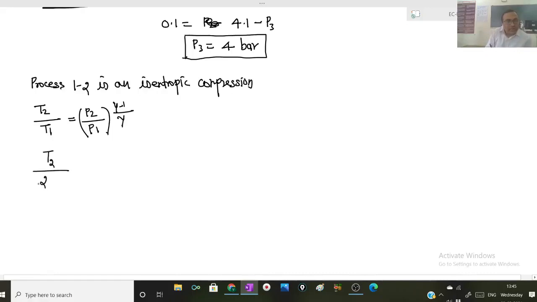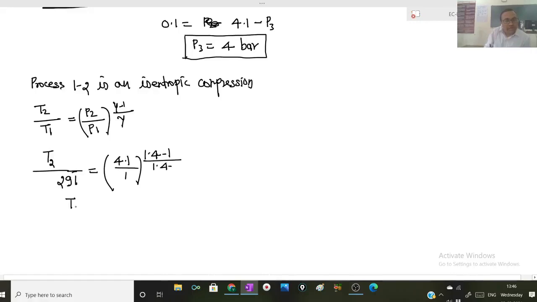The value of T1 is 291 Kelvin, P2 is 4.1, P1 is 1 bar, over 1.4 minus 1 over 1.4.